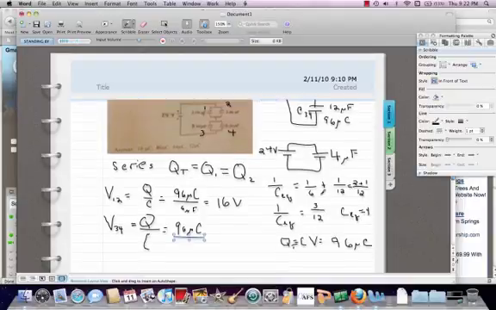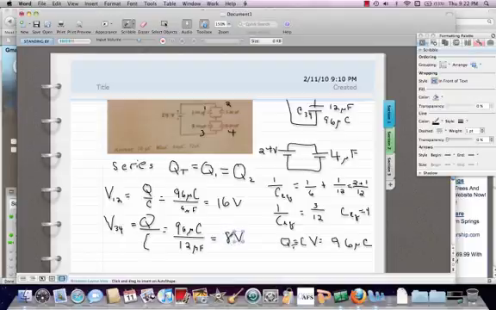So 96 divided by 12 is going to be 8, so 8 volts.